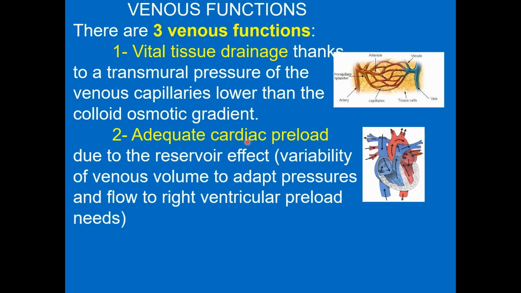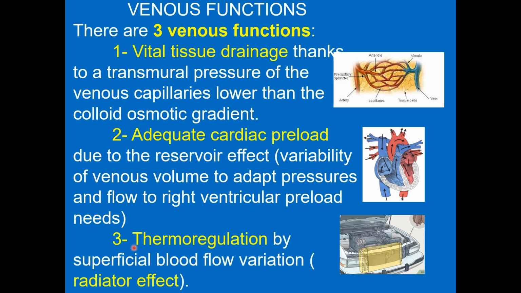An adequate cardiac preload due to the reservoir effect, which is the variability of the venous volume to adapt pressures and flow to right ventricular preload needs. 3. Thermoregulation by superficial blood flow variation, radiator effect.